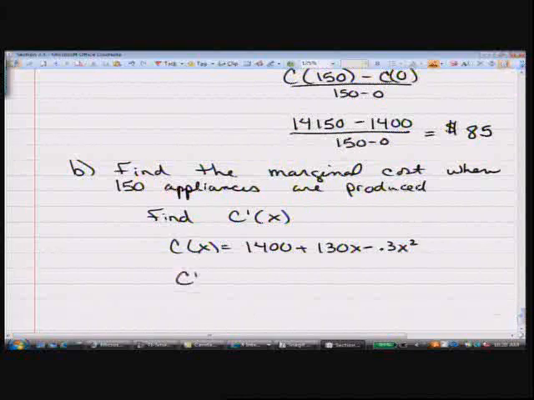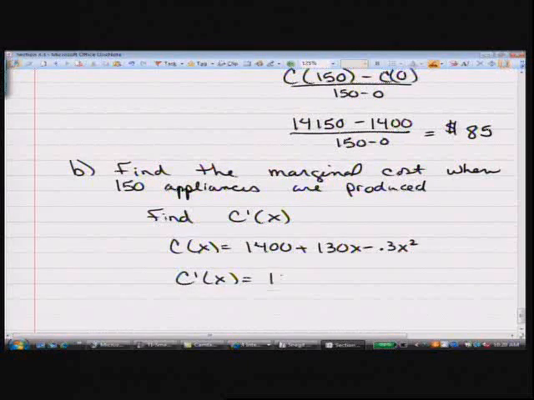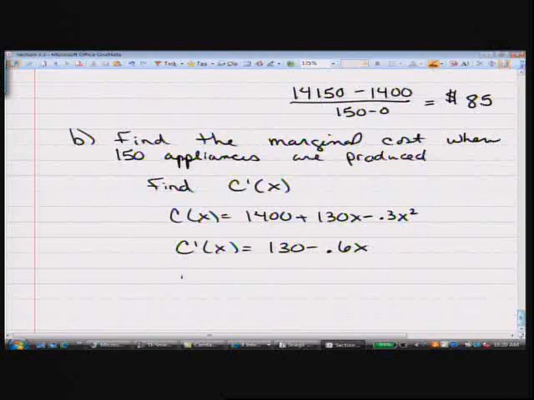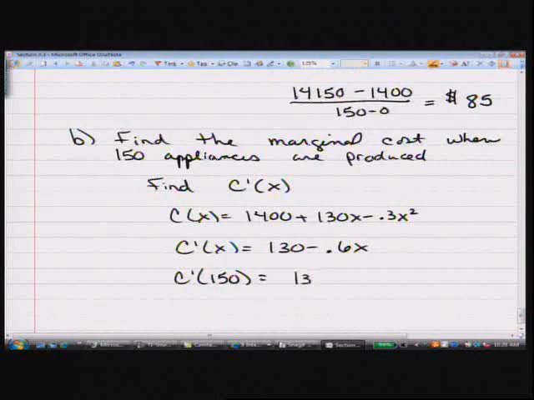So c prime of x is going to be 130 minus 0.6x. So if you put 150 in there, it's 130 minus 0.6 times 150, which is $40.